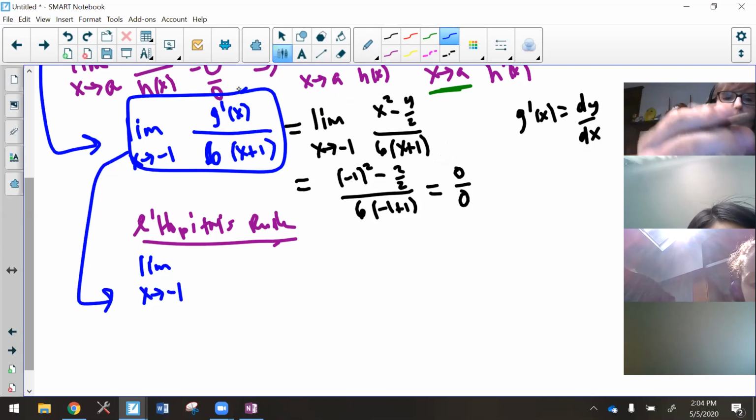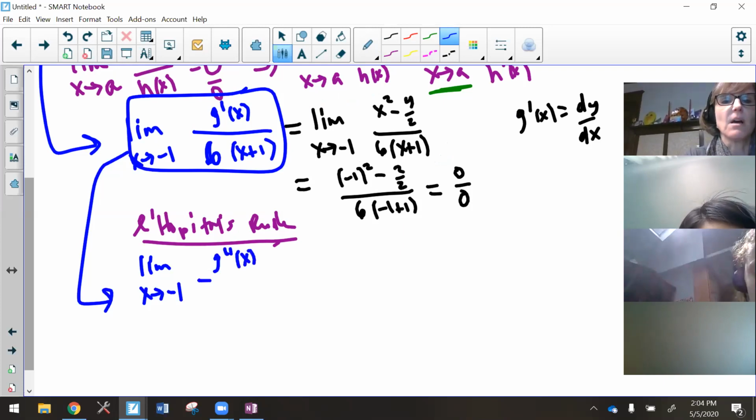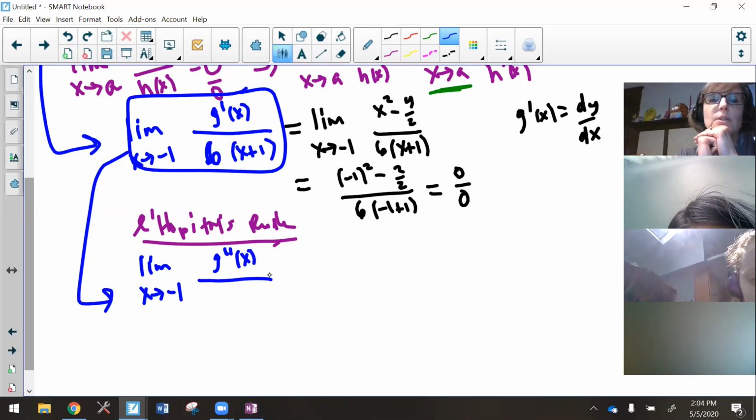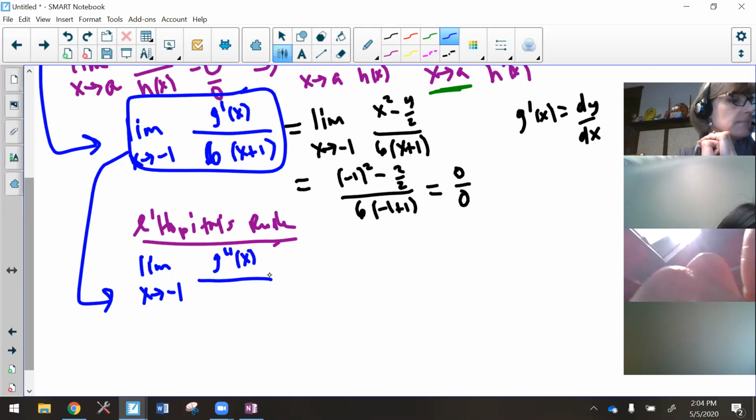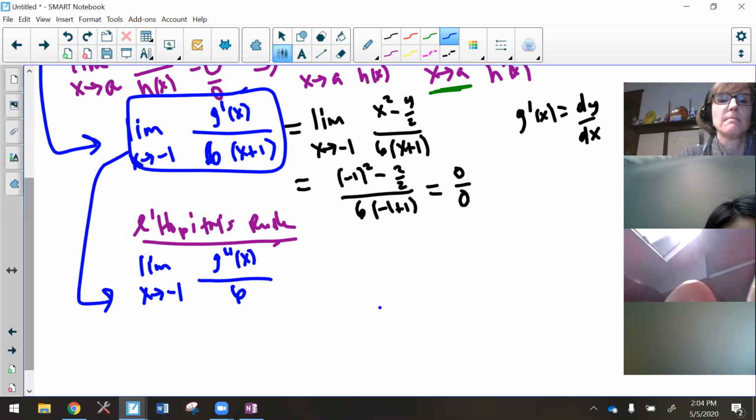G double prime of x. Yep. So I'm going to have g double prime of x over, and what's the derivative of the denominator going to be? 6.